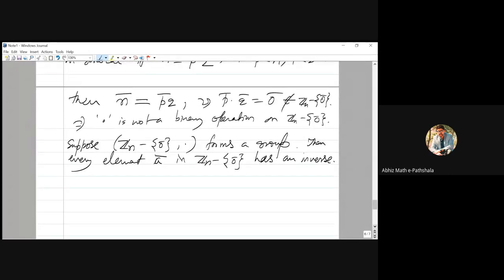So that means GCD of A comma n is 1 for all A class belonging to Zn minus 0 class, that is, this A is prime to n for all A class in Zn minus 0 class.